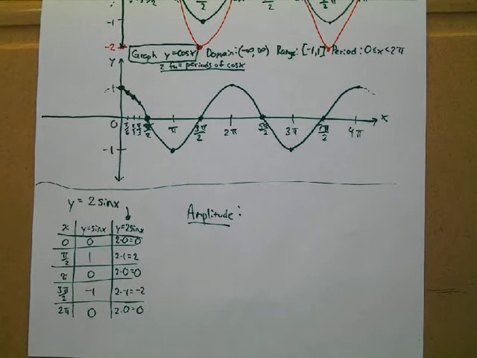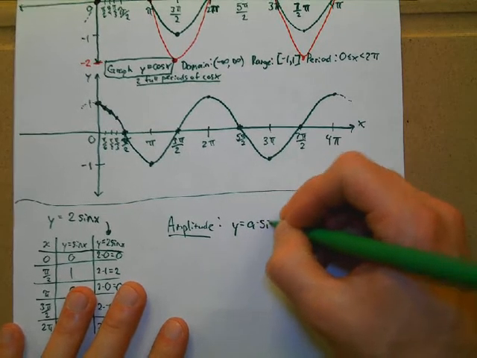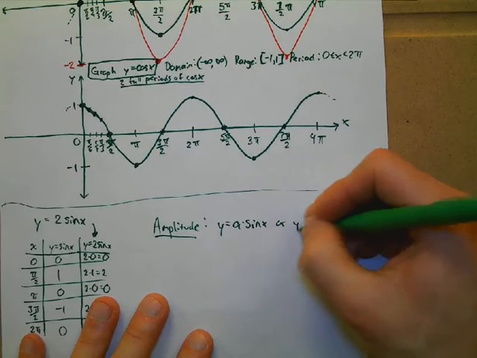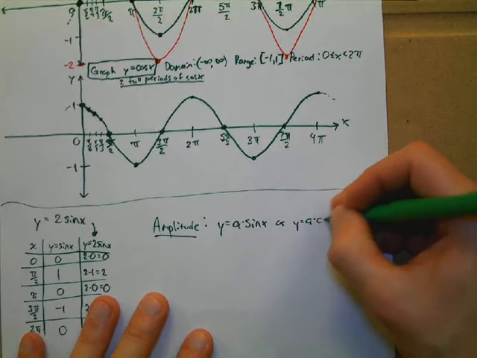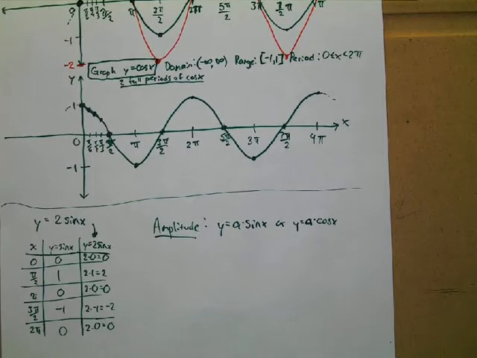It's that number, that coefficient A in front of the sine or the cosine, whenever you run across those problems. Okay, the one thing that's key to remember here is that you always describe the amplitude as being positive. Okay.